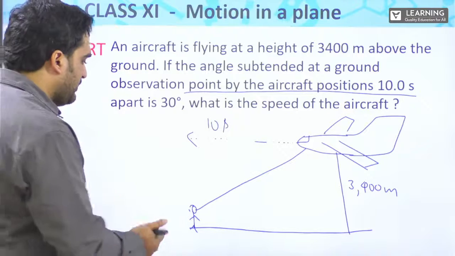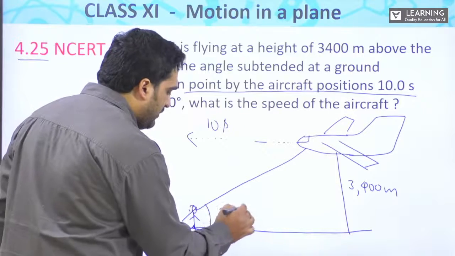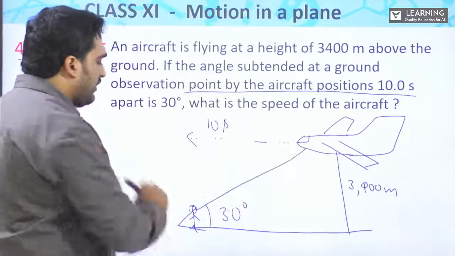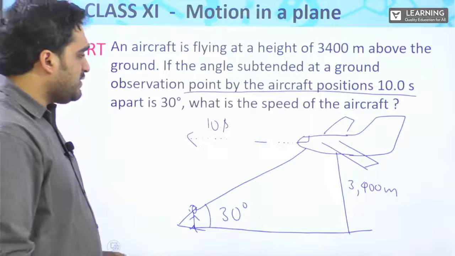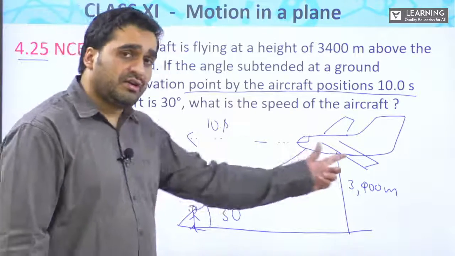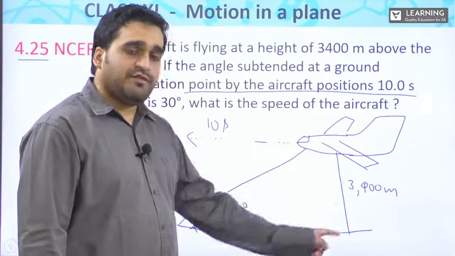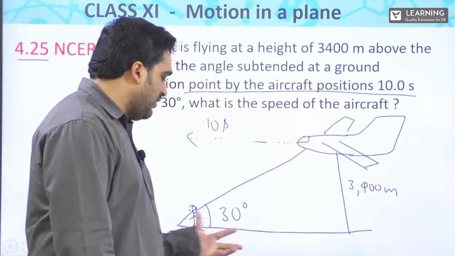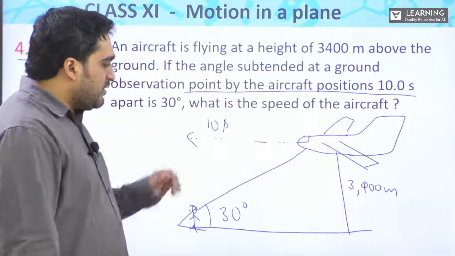Not too tricky. We already have the angle, we already have the height, and we also know how long it takes to reach overhead, which is about 10 seconds. To find the speed of the aircraft, we need to find the displacement, which is the horizontal displacement. Using the height and a trigonometry ratio, we can find the horizontal displacement.